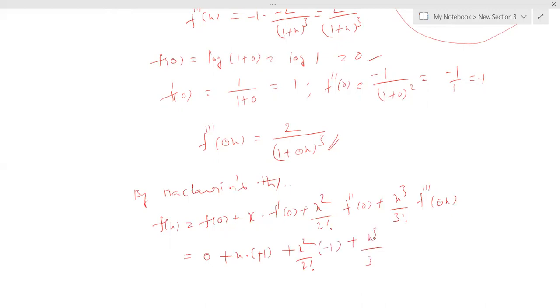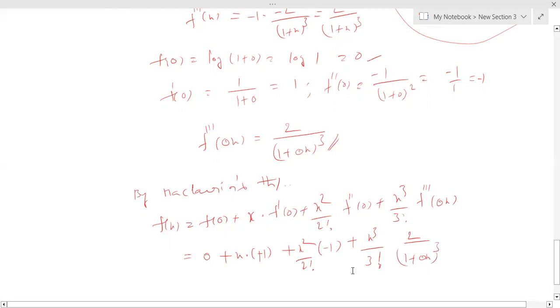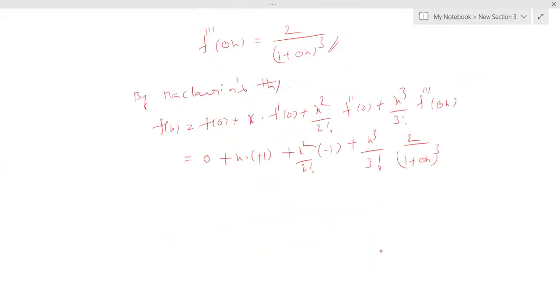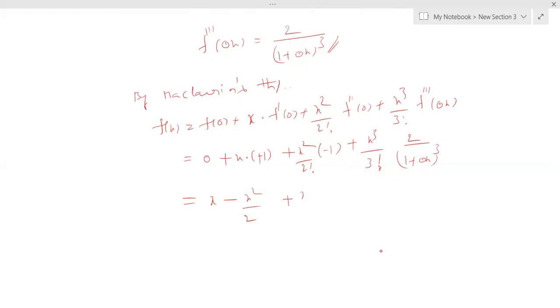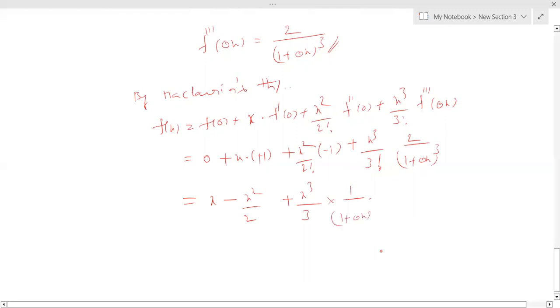Plus x cube by 3 factorial into f triple dash of theta x value, which is 2 by 1 plus theta x whole cube. Simplify this expression. First term is no use, x minus x square by 2 factorial into 1. In the last term the 2 gets cancelled, we get plus x cube by 3 by 1 plus theta x whole cube.